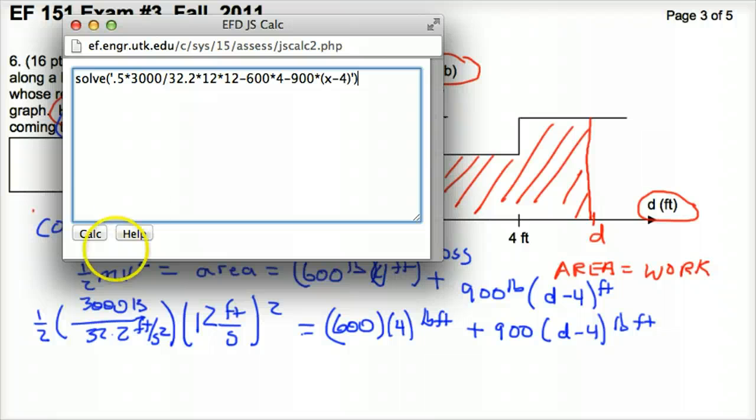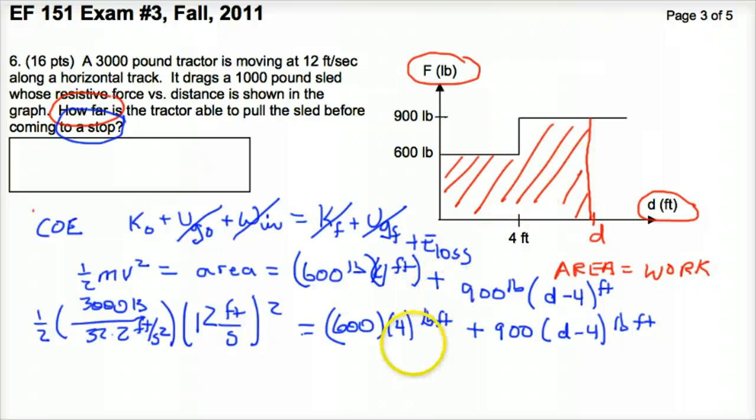Okay, double check my solution, and looks like we get 8.79 is our answer. So D equals 8.79 feet.